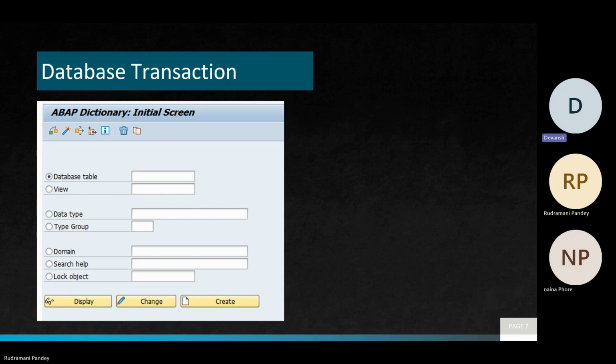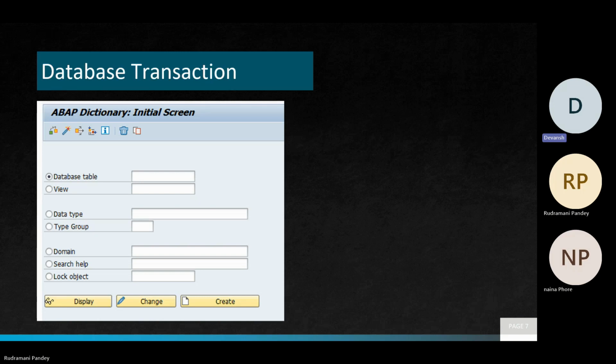In the data type we not only provide the type, like character or integer, we also give further characteristics of that field, like what the label of that field is going to be, and other details, like if it is a short text, what the length is, or medium text and long text. These kinds of details are stored in the data type. In the domain, only whether it is going to be character, integer, or raw data is defined. That will be the part of the domain.